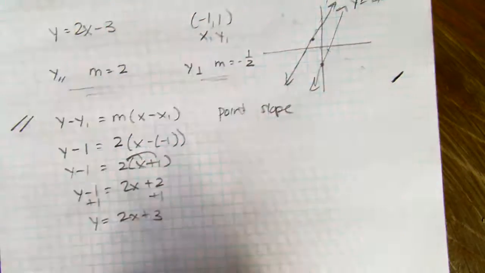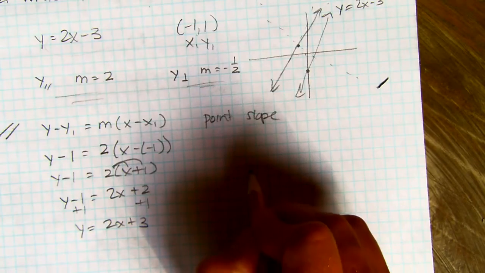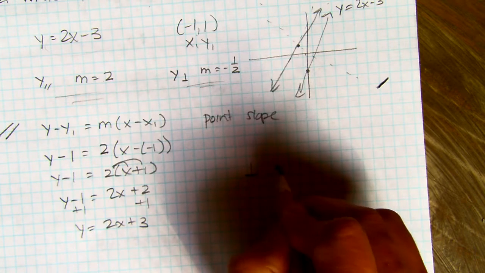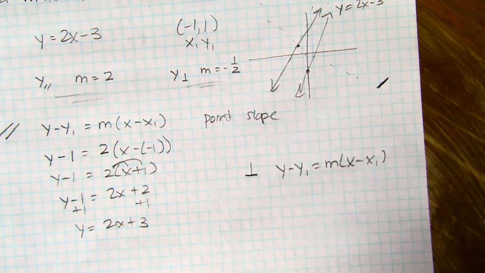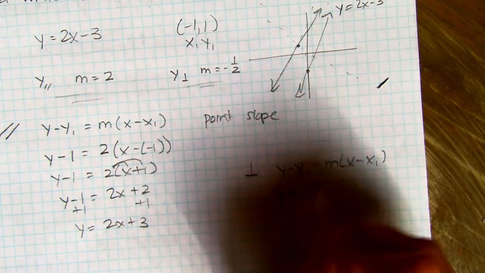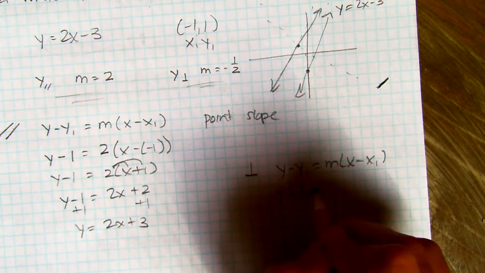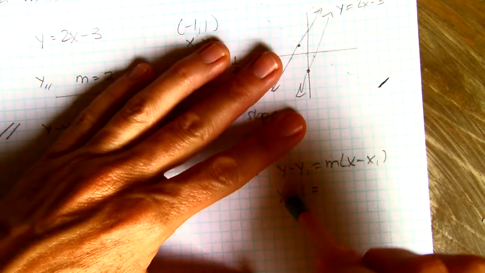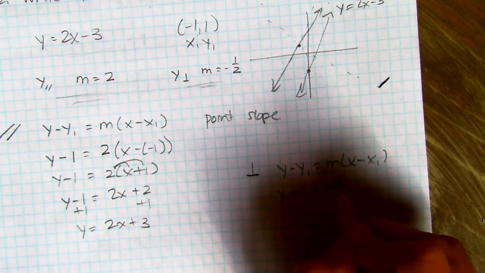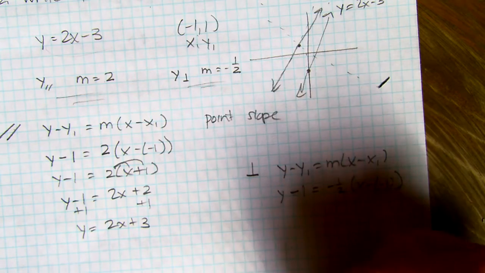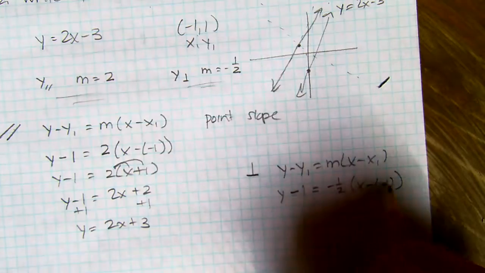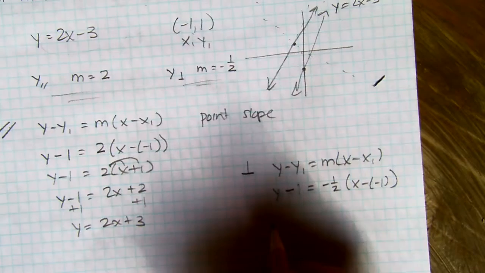What if I want to find the perpendicular? I'll do that over here. So again, y minus y1 equals m times x minus x1, and my y1 is 1. My slope in this case is negative 1/2, and again, my x1 is negative 1.